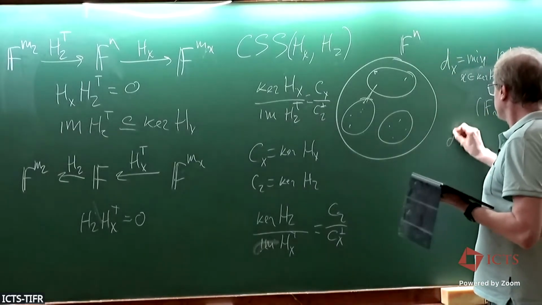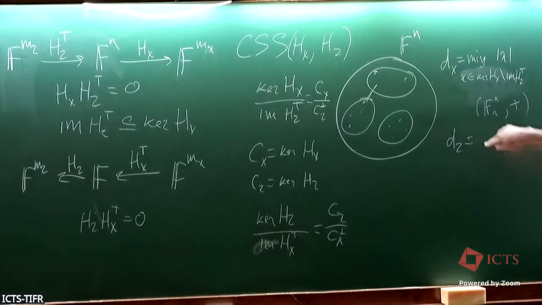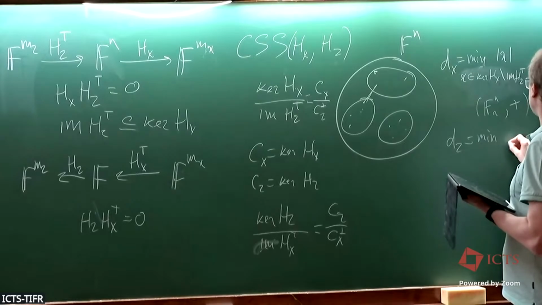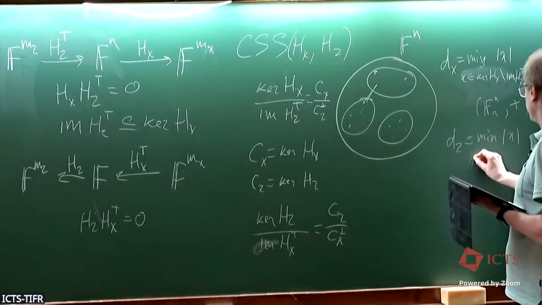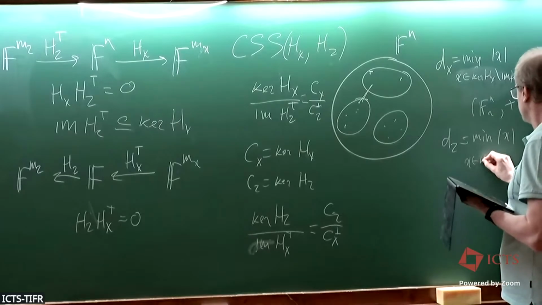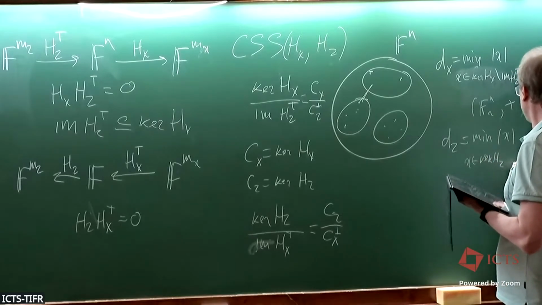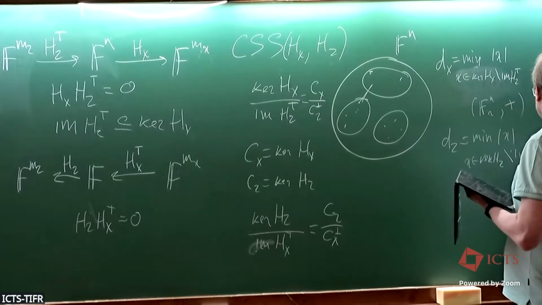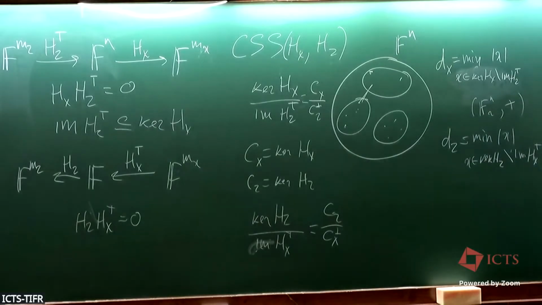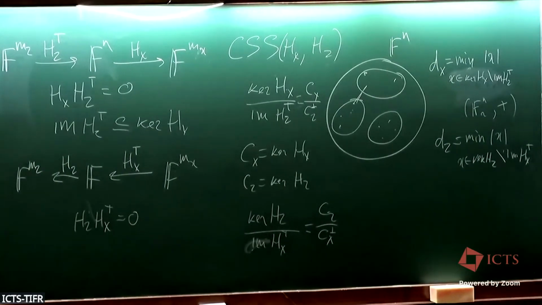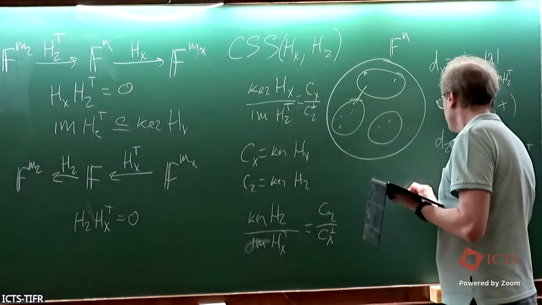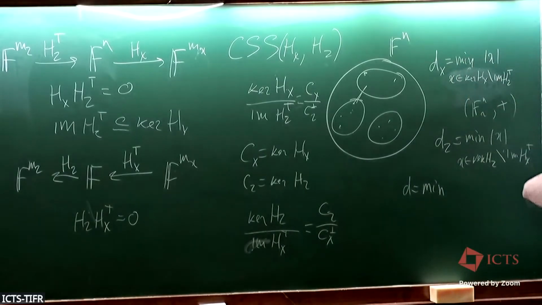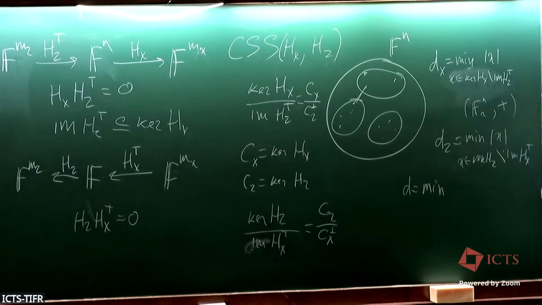But my point is that we are also interested in a different distance, defined in exactly the same way, but where we exchange H_X and H_Z: kernel H_Z minus image H_X. So we have a completely reverse situation here. And the minimum distance of the quantum code is the minimum of these two, because we want to correct both standard bit flips and phase flips.